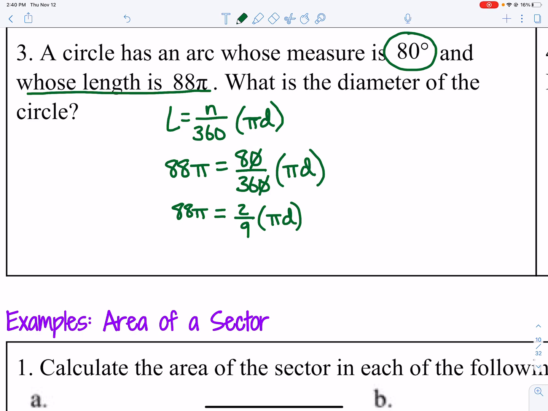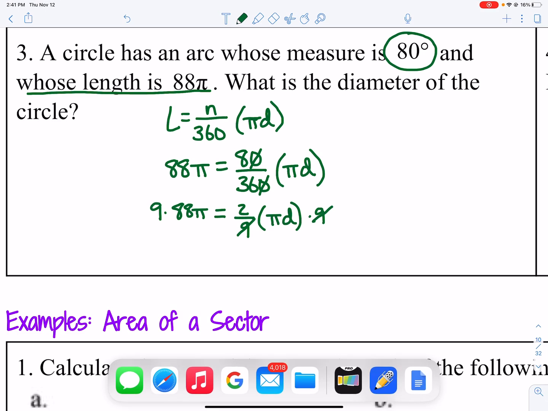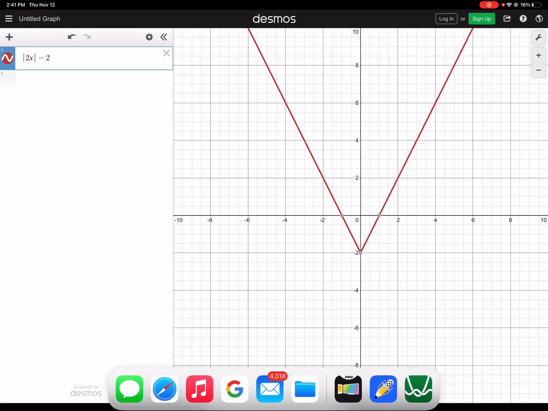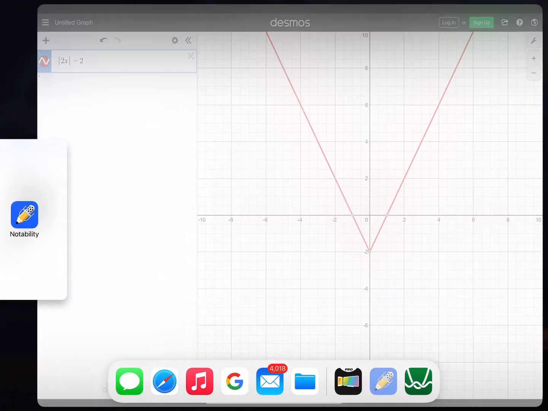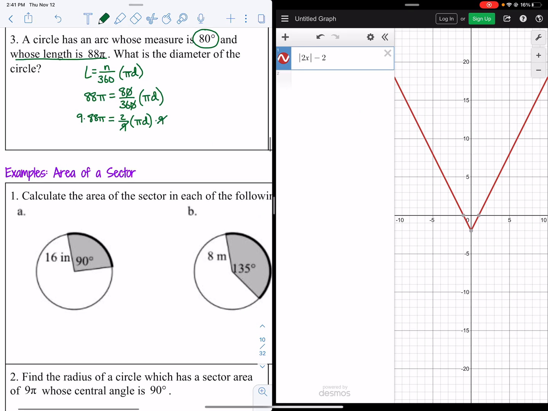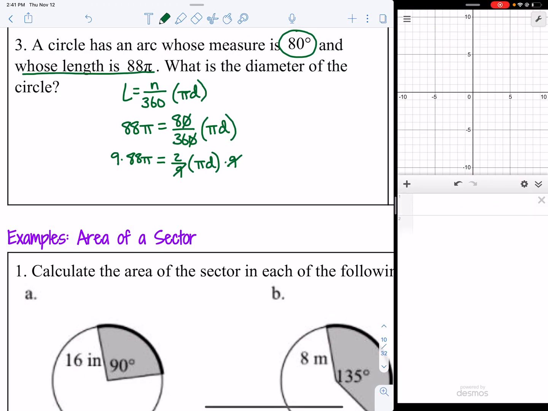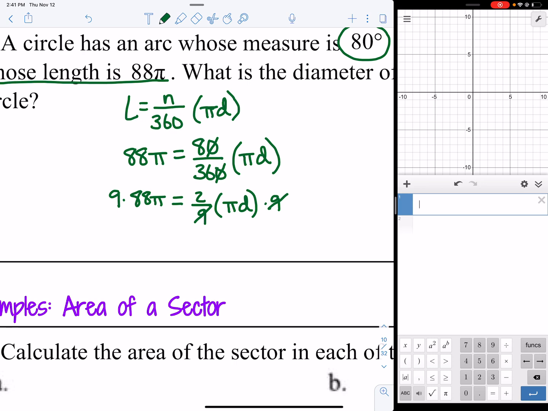All right, so let's multiply both sides by 9 and get rid of that denominator of 9. So let me pull up my calculator, and clear out what's in there. So let's get 88 times 9 is 792. So I get 792 pi equals 2 pi times the diameter.